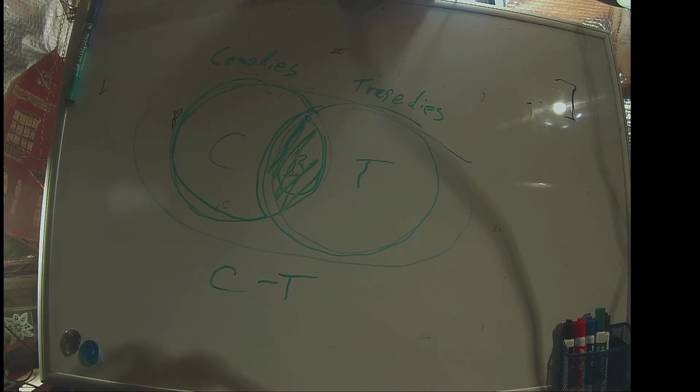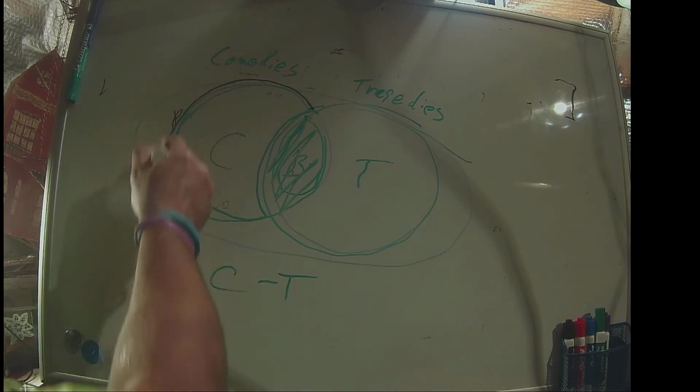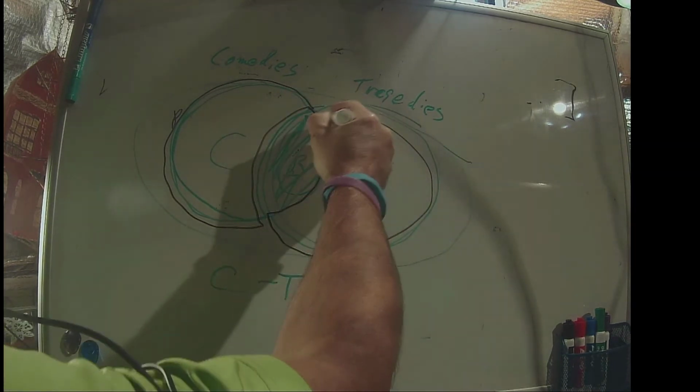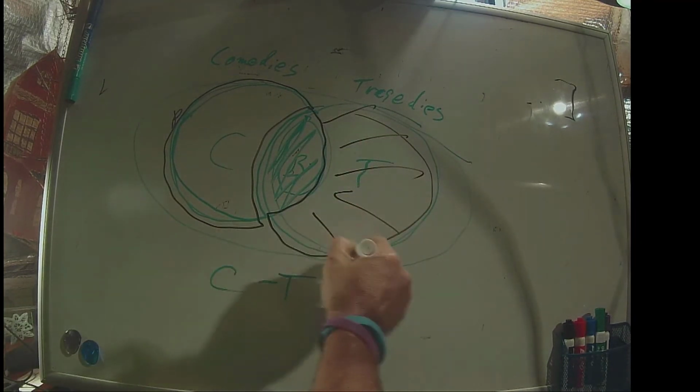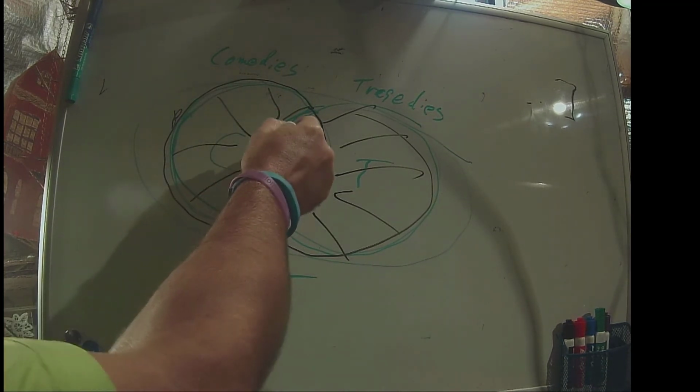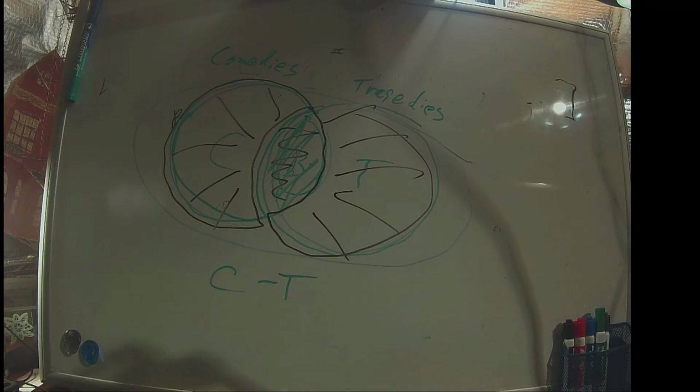The symmetric difference is all of these plus all of these. And let me show you that in just a second. I knew there was one more that I was missing. Okay, it doesn't include this stuff in the middle, the stuff that's common to both.